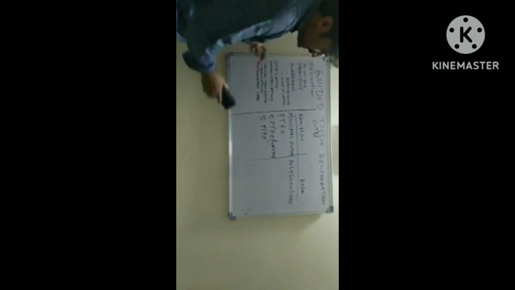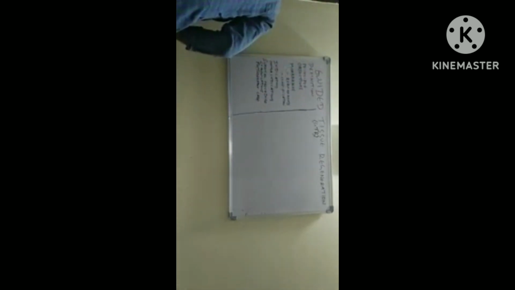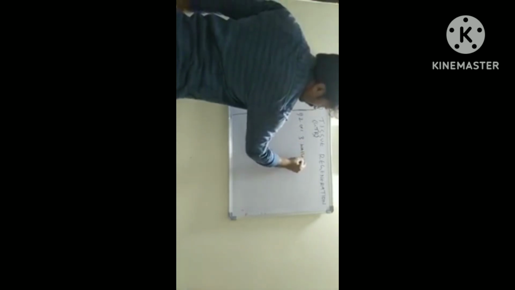Then coming to the indications of the GTR procedure. GTR procedure is ideally suitable for narrow and circumferential defects. They are, the first one is 2 or 3 walled defects.